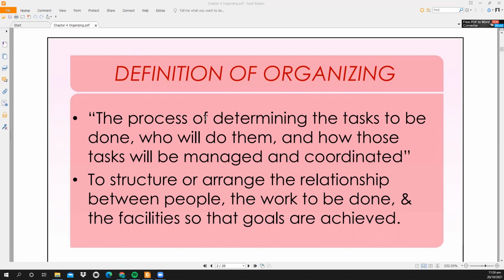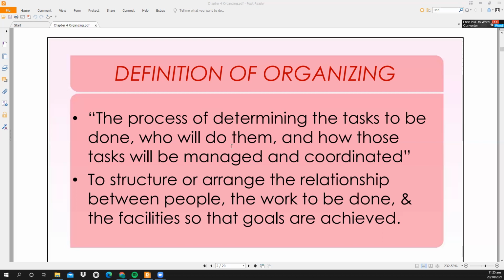We have already discussed planning and forecasting, and we have already listed the goals and objectives. But now in organizing, we have to determine who will do the tasks, how those should be done or managed and coordinated, and who will delegate those tasks.